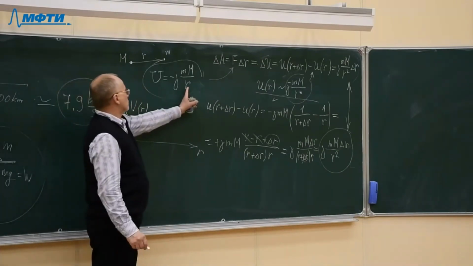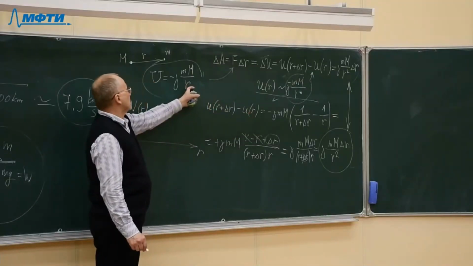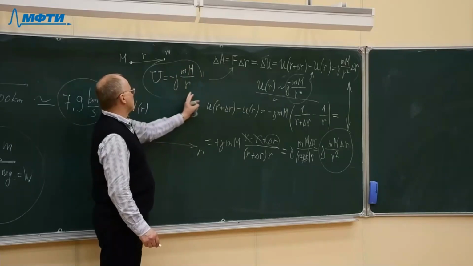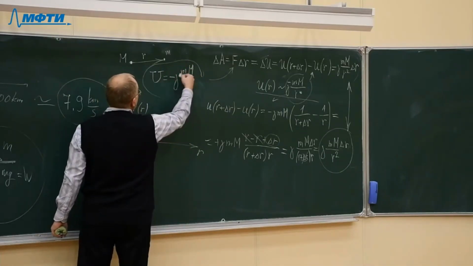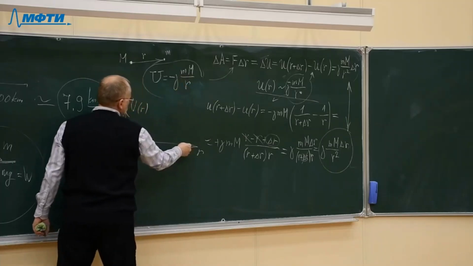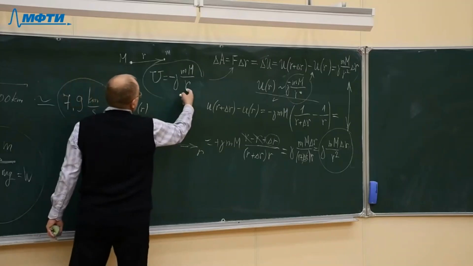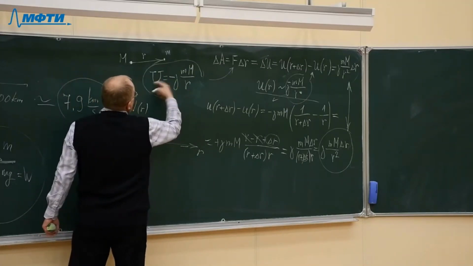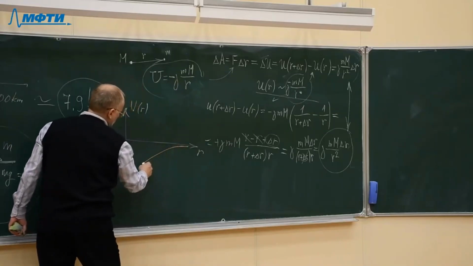So if radius r goes to infinity, then the infinite number in the denominator will cause the whole expression to tend to 0. It's almost 0 at infinity, a very small number, but negative. But if radius r becomes smaller and smaller, the potential energy will become larger, but still negative. It will become a larger negative number.